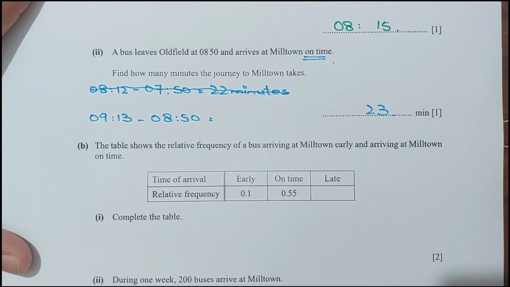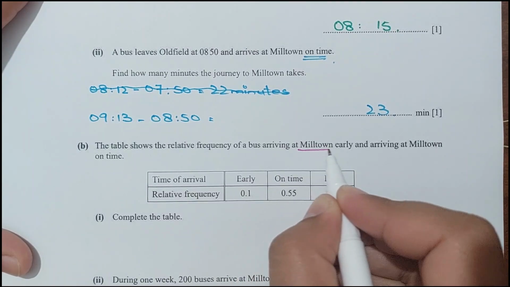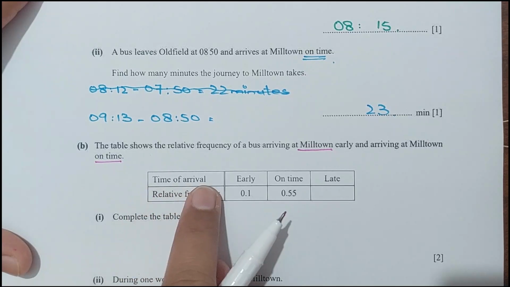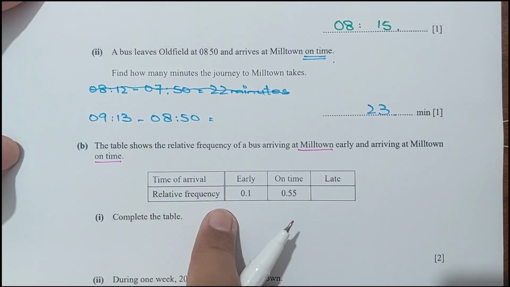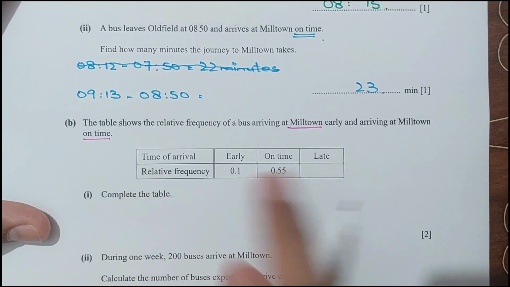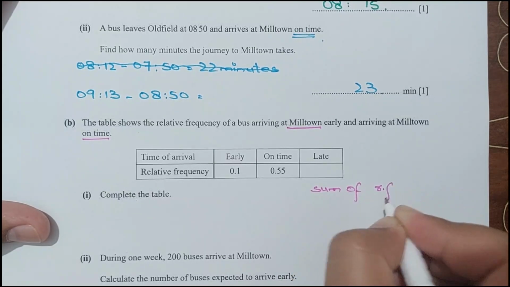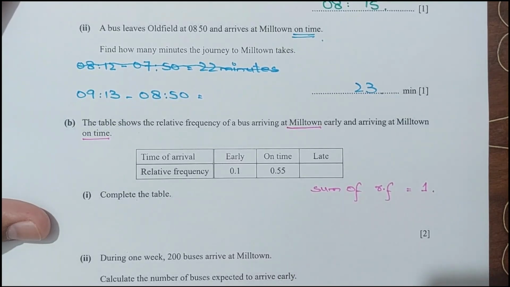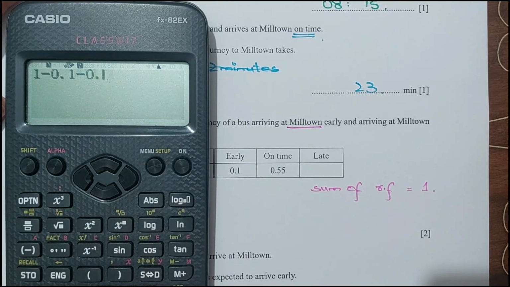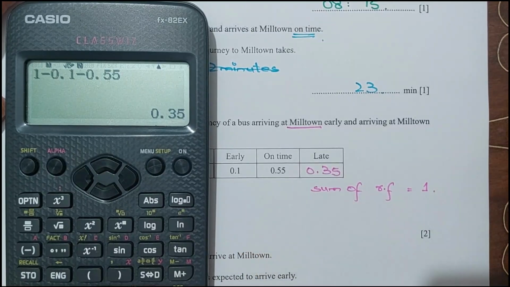Now for part B, the table shows the relative frequency of the buses arriving at Milltown early, on time, and late. Complete the table. The sum of relative frequency is equal to 1, right? So 1 take away 0.1 take away 0.55, this would be 0.35, the relative frequency for late.